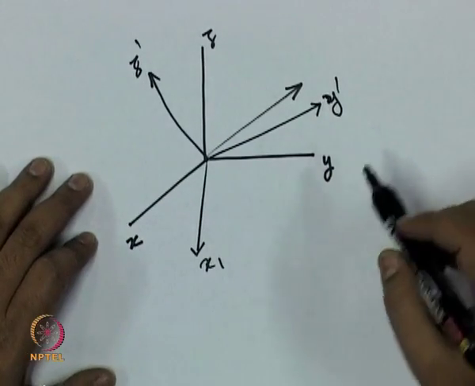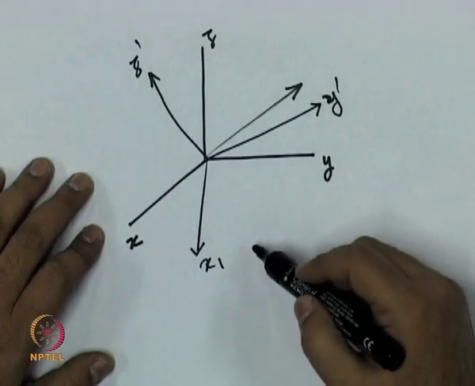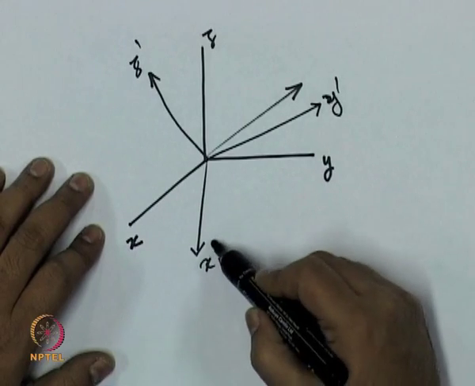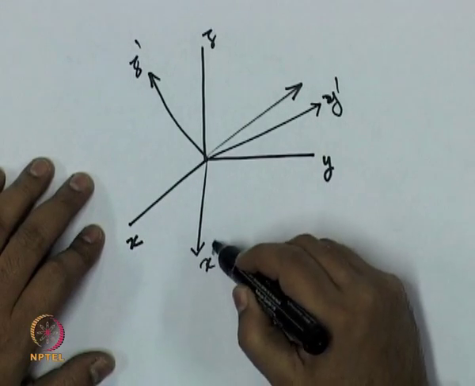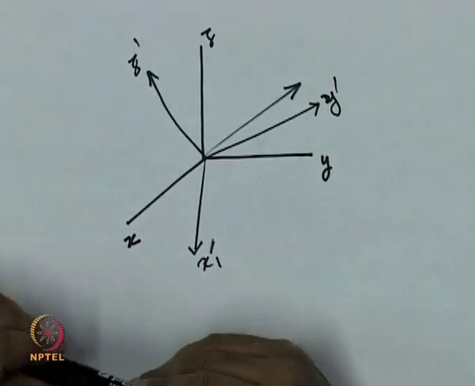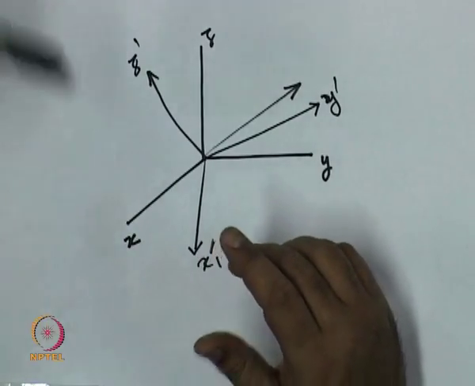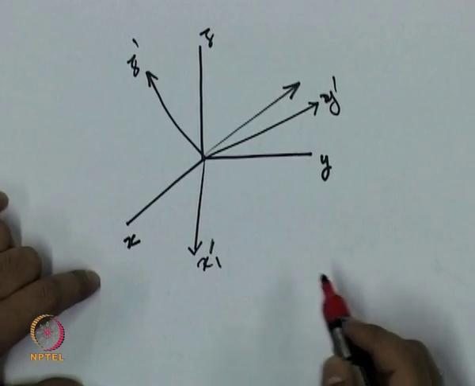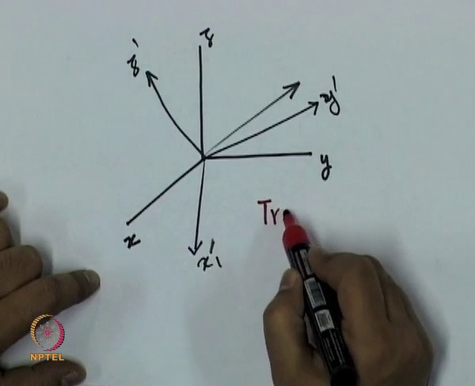Right. Now, how are this x prime, y prime and z prime related to x, y, z? That is given by what is known as the transformation matrix.